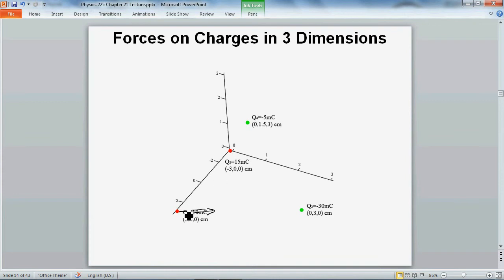For Q3, it's going to be opposed, so it's going to go the opposite direction. And for Q4, it's going to go in this elevated direction. So that's all the forces for Q1. For Q2, I'm going to have an attractive force towards Q1, an attractive force towards Q3, and a repelling force for Q4, kind of downwards at an angle.